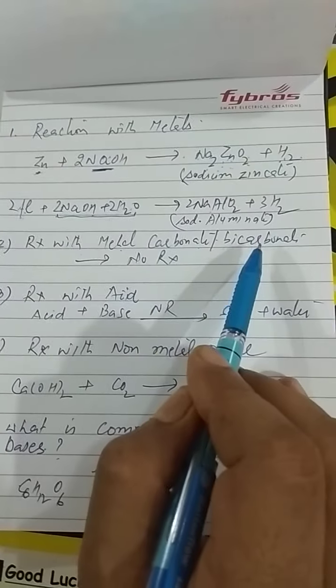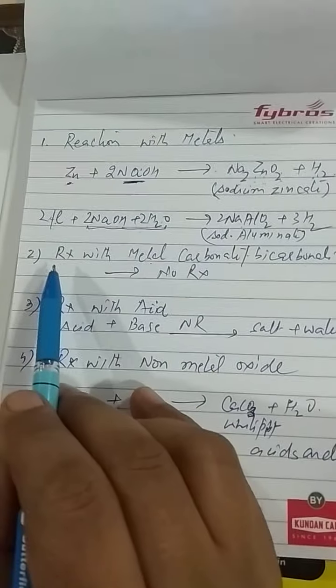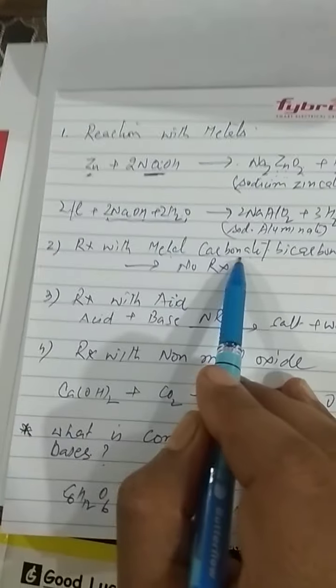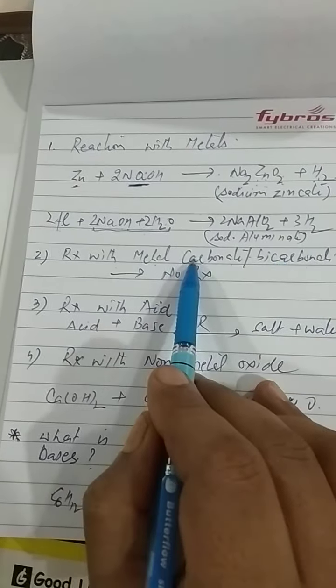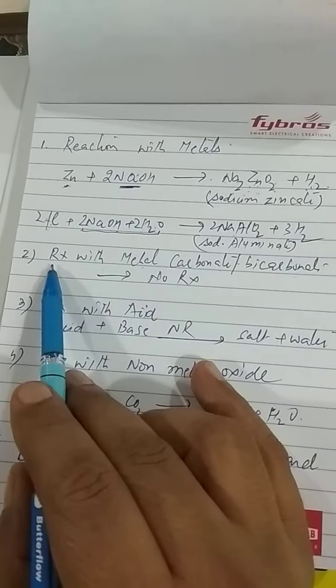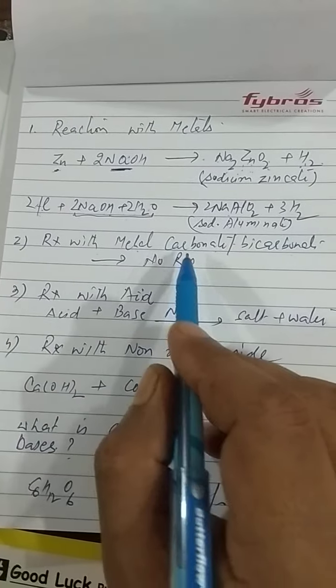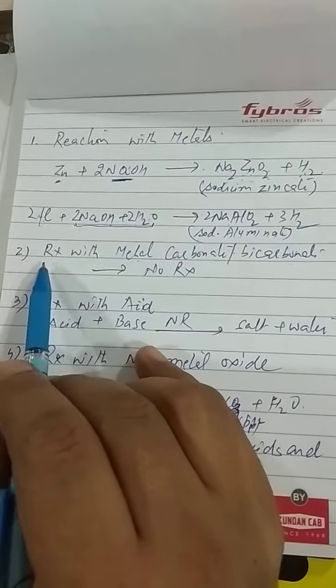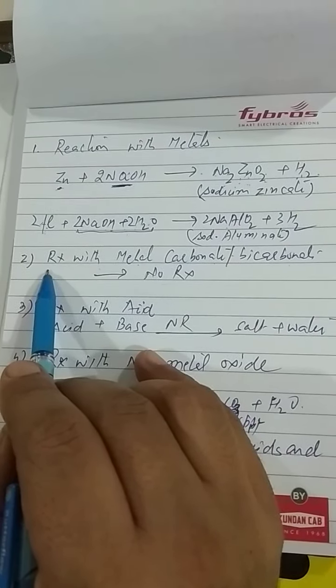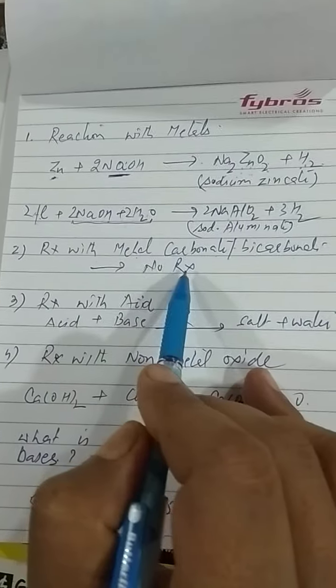But base does not react with metal carbonate and bicarbonate. There is no reaction because metal carbonate and bicarbonate are both alkaline in nature and base is also alkaline, so there is no reaction.